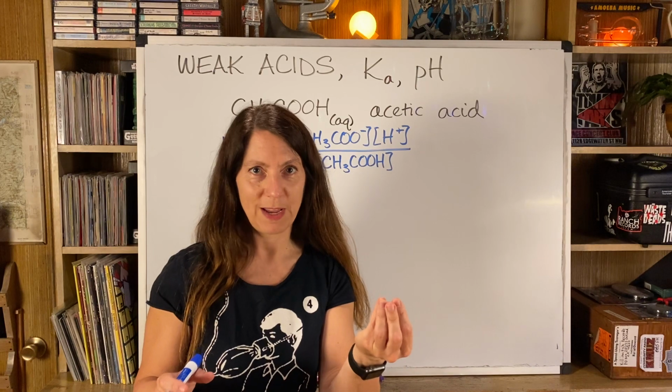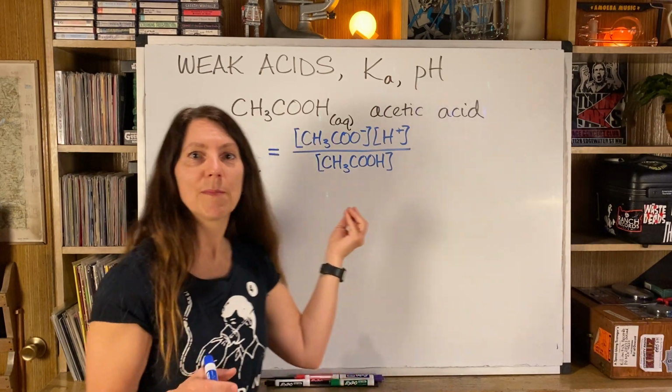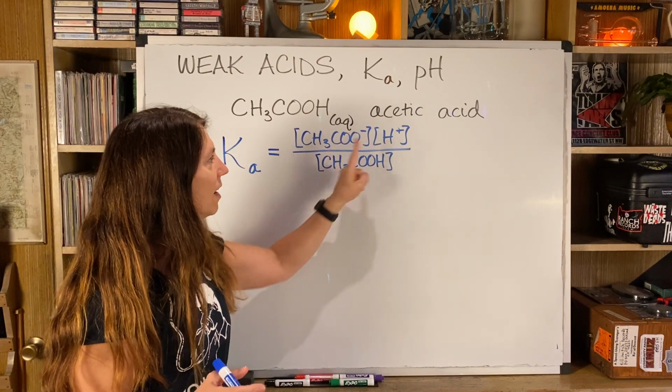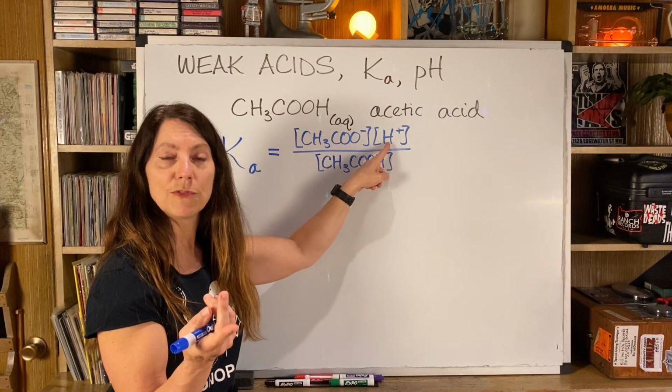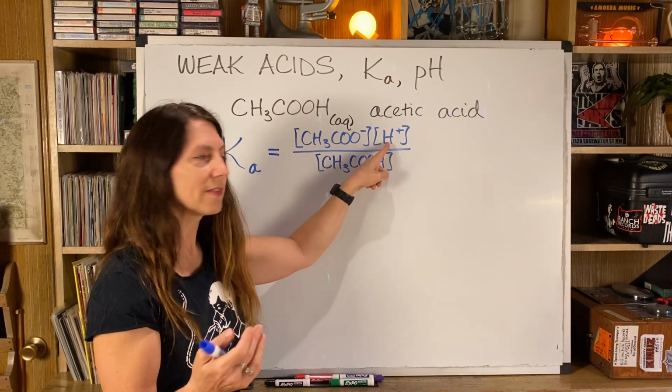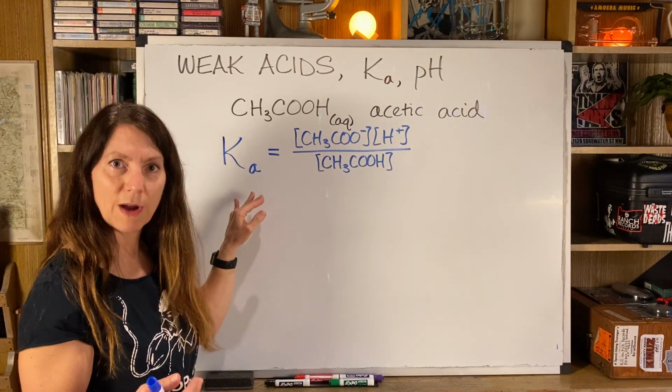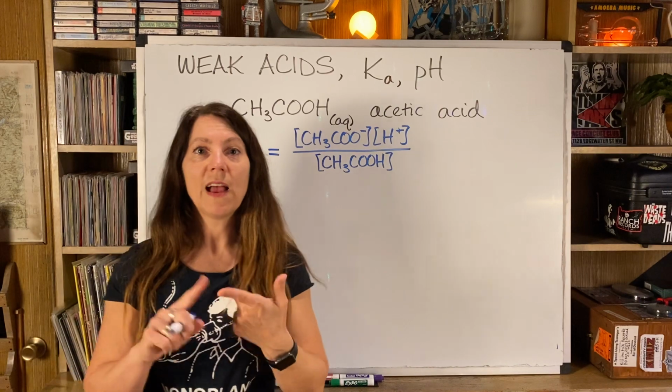It's not going to appear in the equilibrium constant expression anyway. So this is going to work great regardless of whether you have H plus there or H3O plus. So here's our equilibrium constant expression, but this has a value.